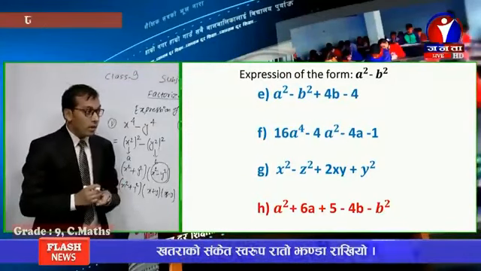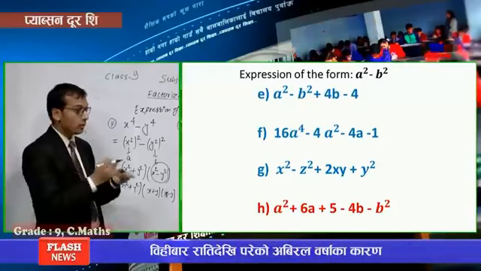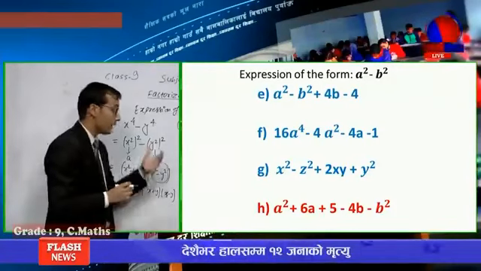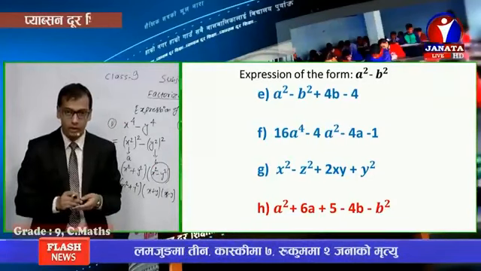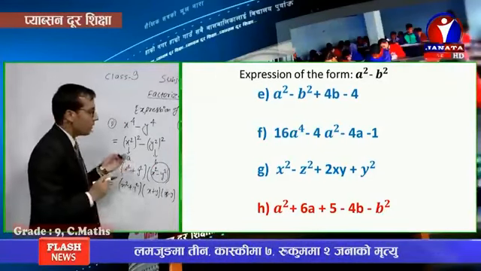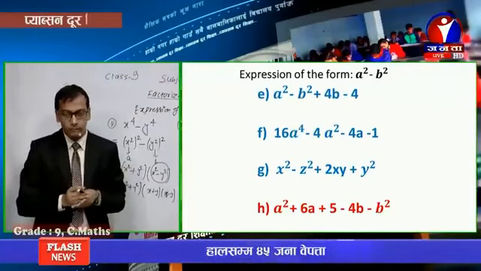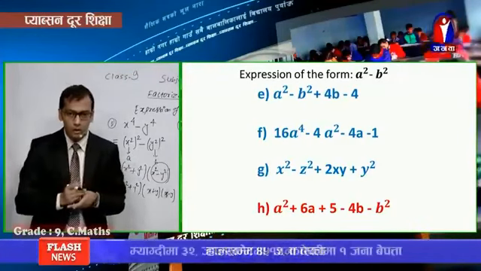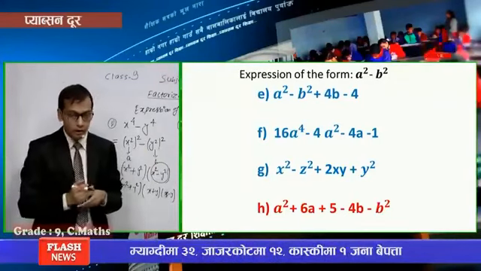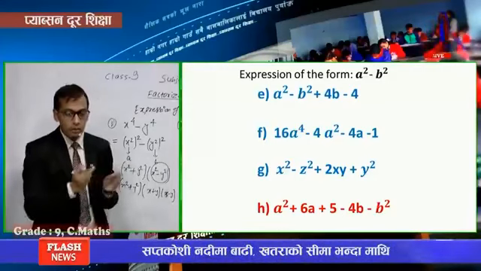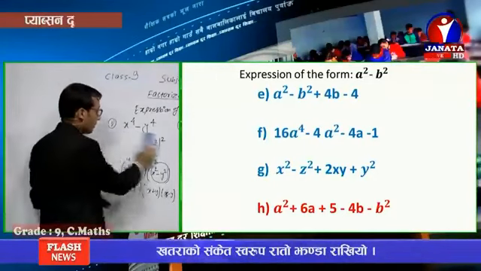Let's see some questions on the slide, and let's do one of the question which is similar with this, which is again in the form of a square minus b square. So here in factorization, some of the points are very important, like what are factors and expanded forms, what is a perfect square, how do we convert some of the terms into the perfect square, or how can we convert them into the formula.